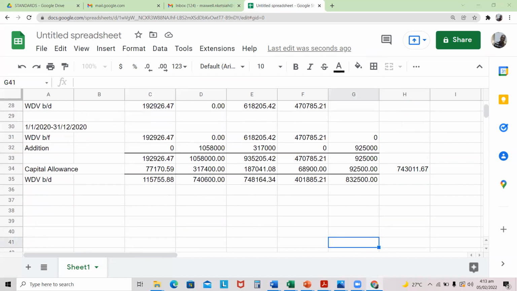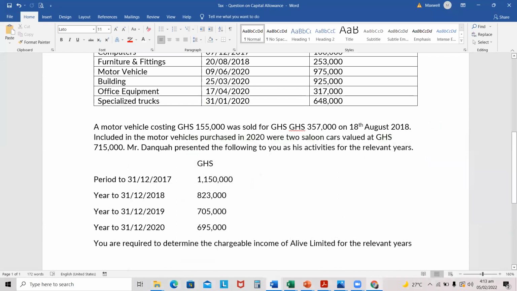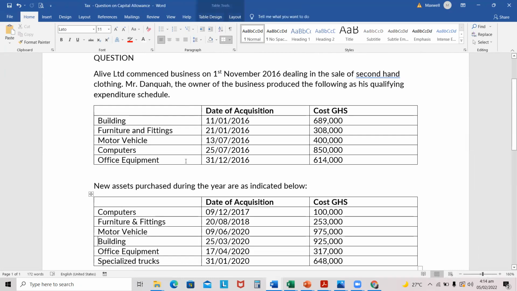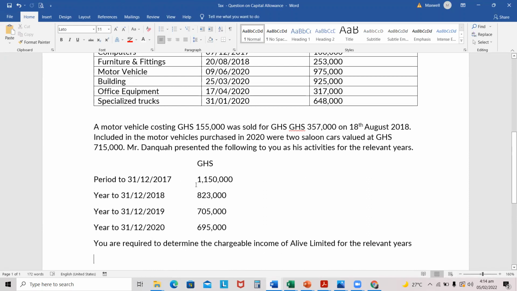Okay, now let's go to the question. The question says we should calculate the chargeable income of Alive Limited for the relevant years. So this is the profit that the company made for all the years. So the period to 31st December 2017 means from the time that he started business to 31st December. And he started business on 1st November, and he reported at the end of December.